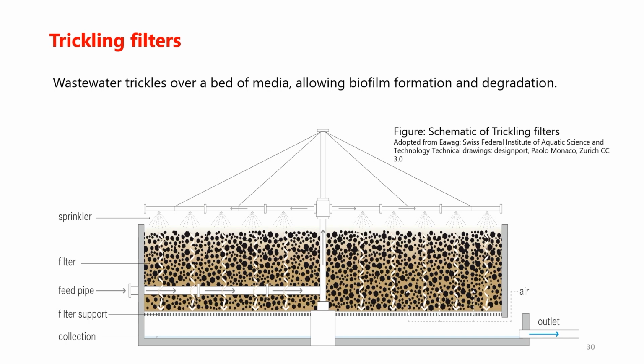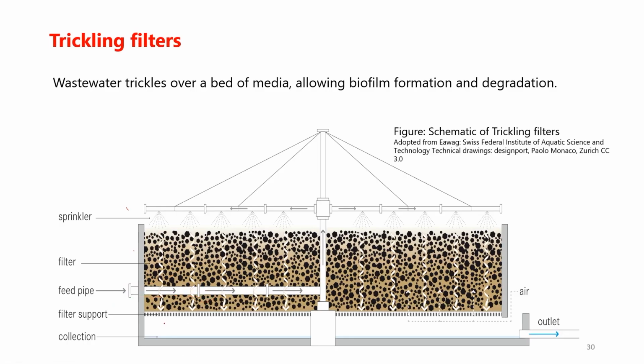So, here is the schematic of a trickling filter. You have the sprinkler on the top, which is sprinkling the wastewater over the media. Then there is the filter layer here, as you can see. Then there is a feed pipe over here.